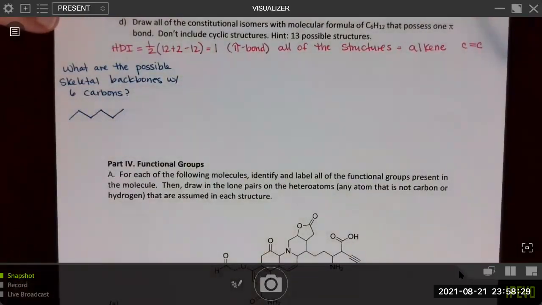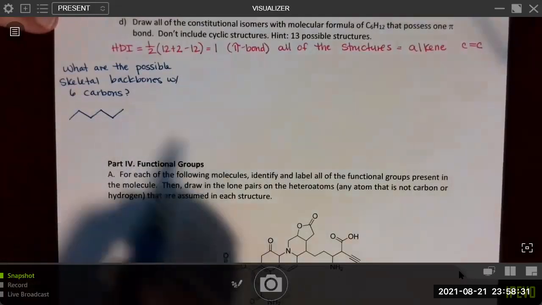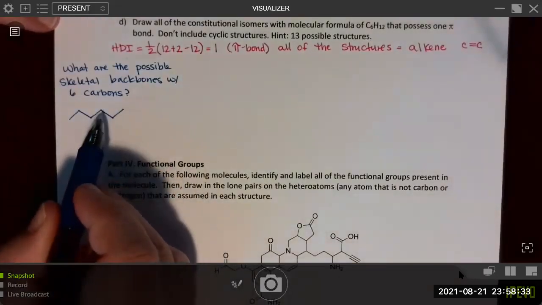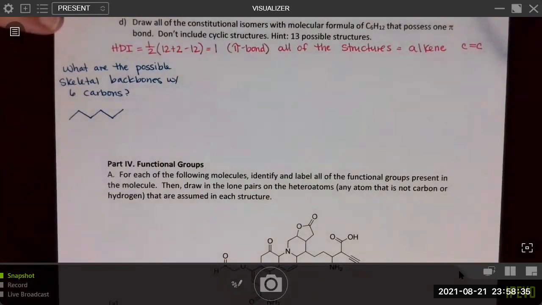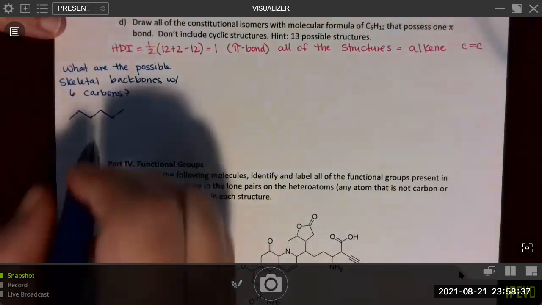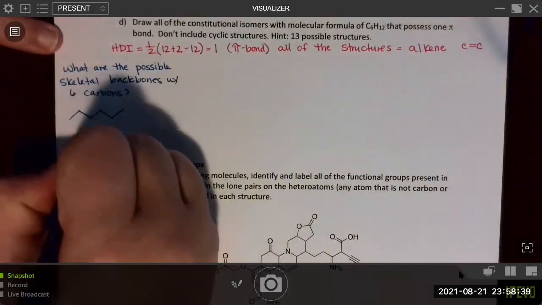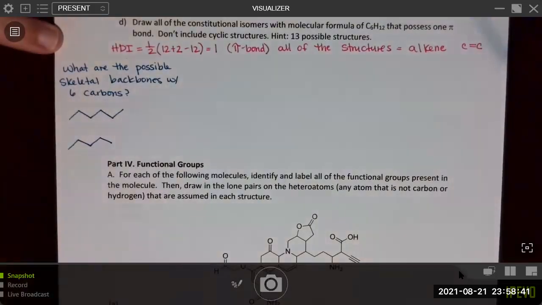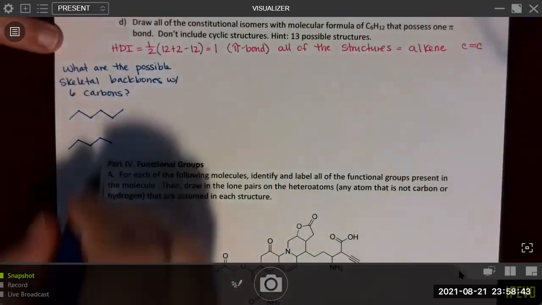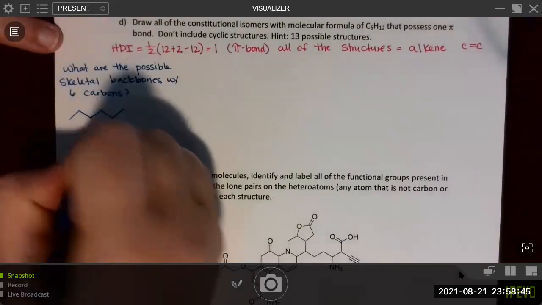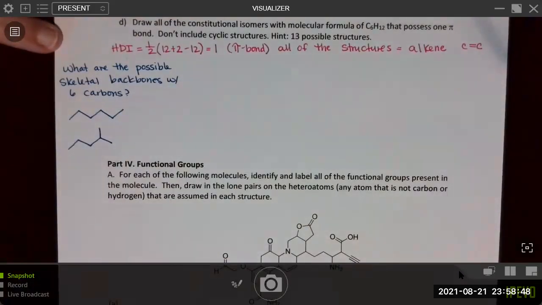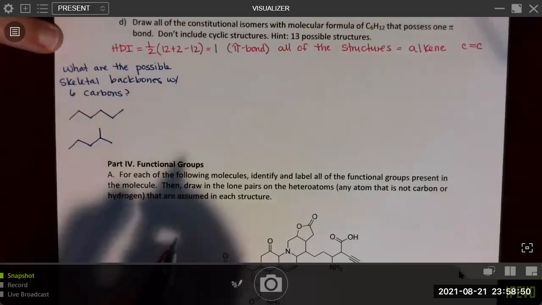Okay, what else? Maybe we have some branching. So I sort of take one off the end and put it somewhere where it could form a branch. So if we take one off the end, then we'll be at 5 carbons in the linear chain, right, with perhaps a branch there. Or alternately, we could branch at the sister carbon.